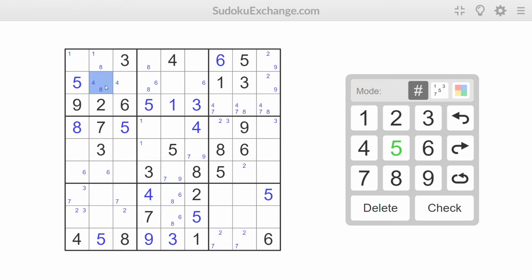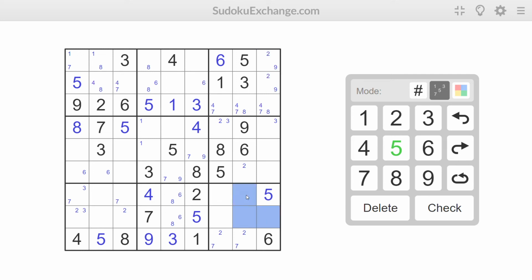7 sees these two spaces, so put in a pair of 7s here. Okay, this is better. We've got a couple of 9s here in this column, means this cannot have a 9.